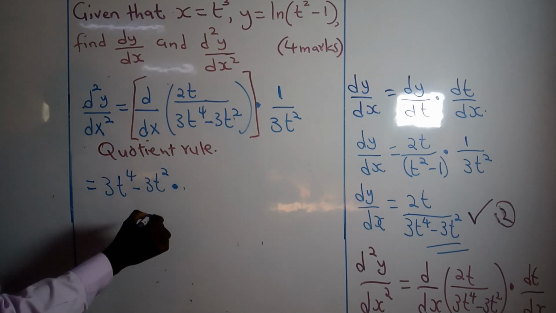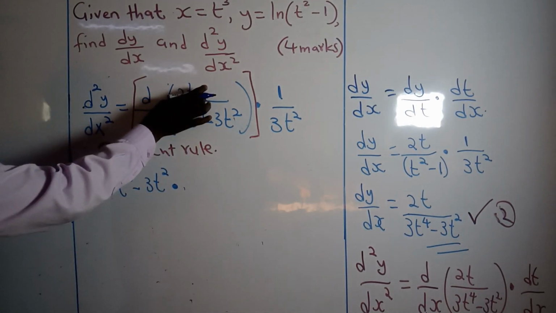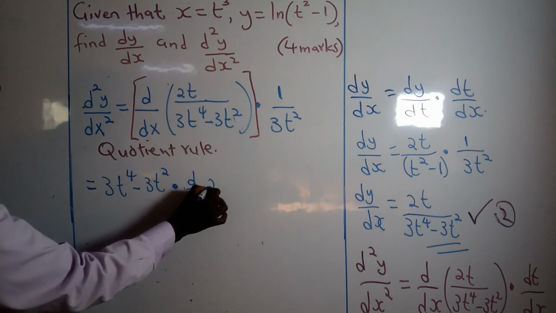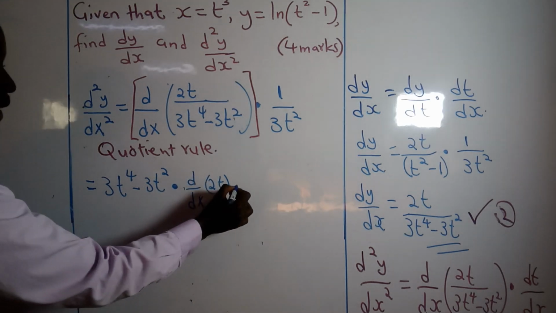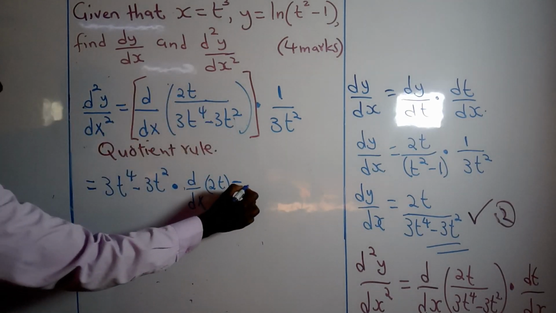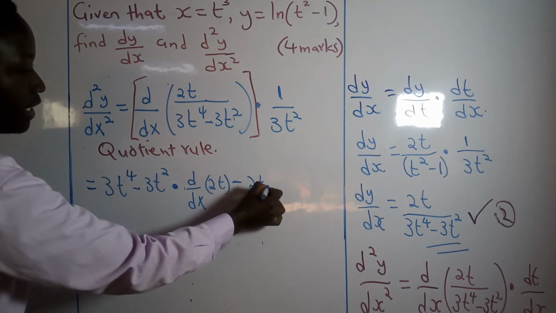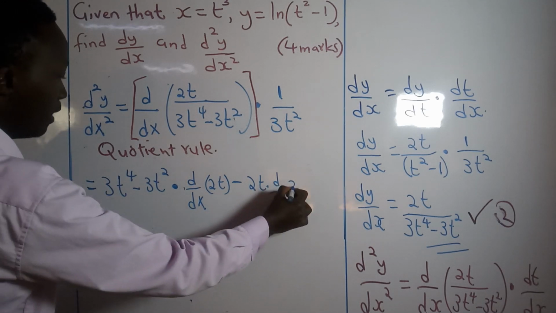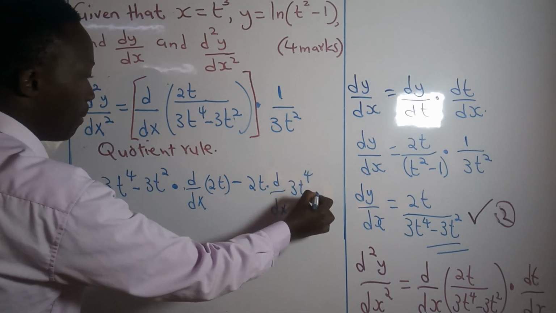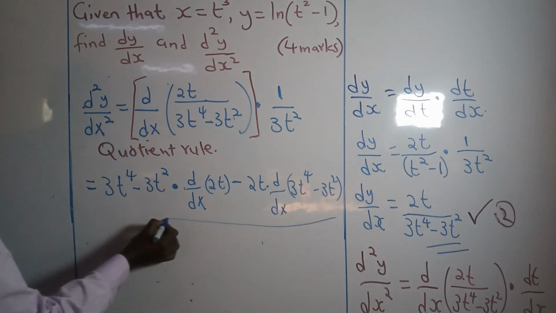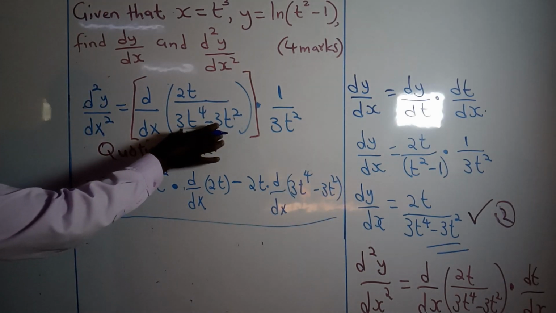When we hold it, then we will differentiate the numerator, that is d over dx of 2t, minus, we hold the numerator as a constant and we differentiate d over dx of 3t to the power 4 minus 3t squared, over the denominator squared.